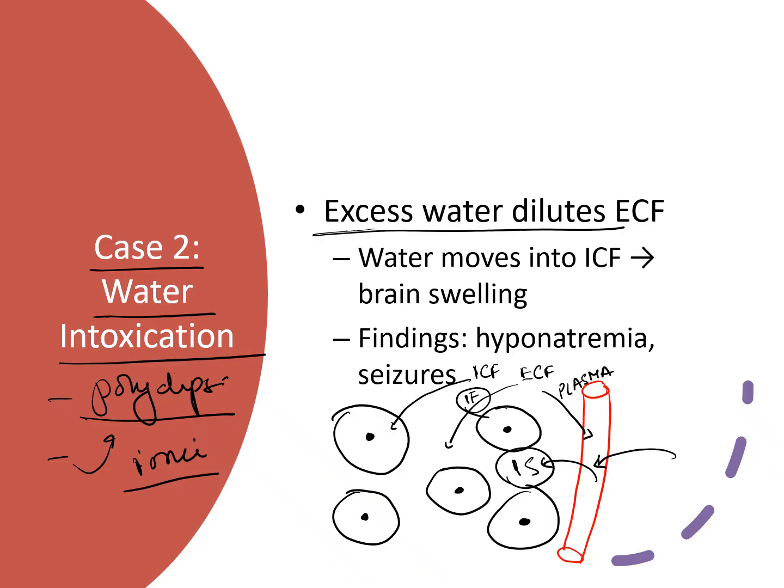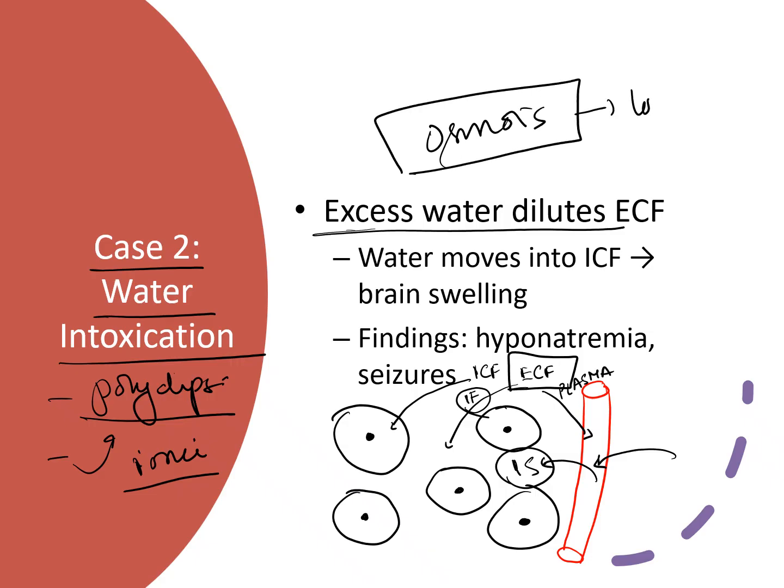When there is a lot of dilute fluid in the extracellular compartment, we know from osmosis that water will move from low solute concentration to high solute concentration. So when you drink dilute fluid, it goes into the extracellular compartment, in the plasma and in the interstitial space.